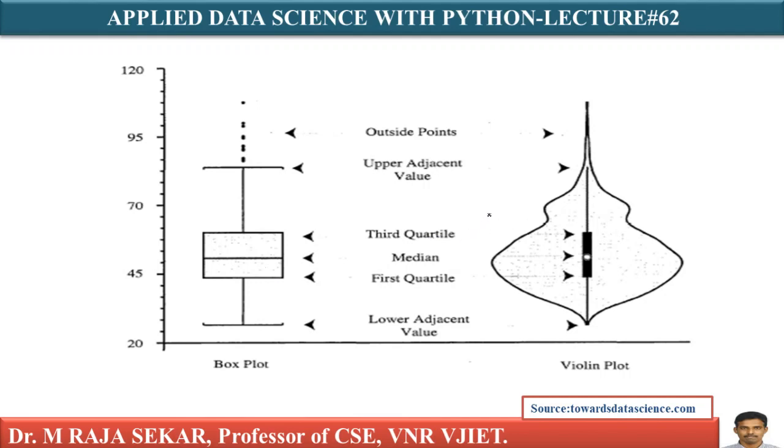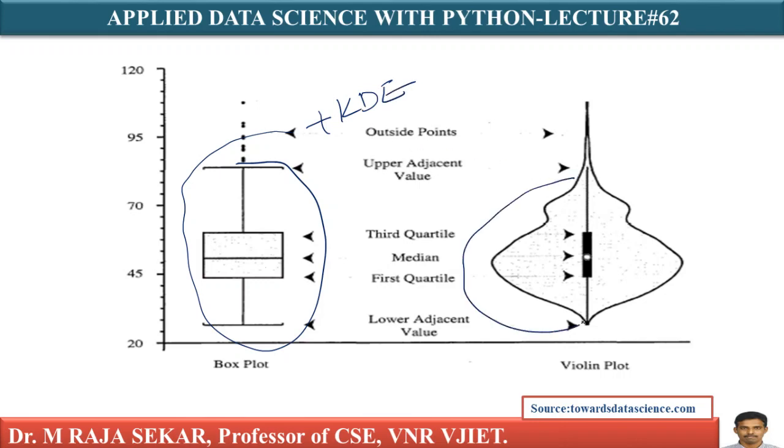In future classes, I will take one separate class on kernel density estimate. For the time being, just understand your violin plot is a combination of the box whisker plot plus KDE, kernel density estimate or kernel density plot. This will give the distribution of the data.